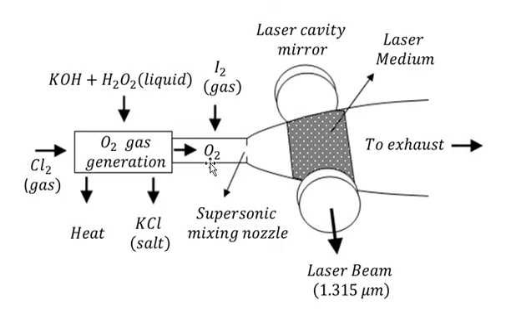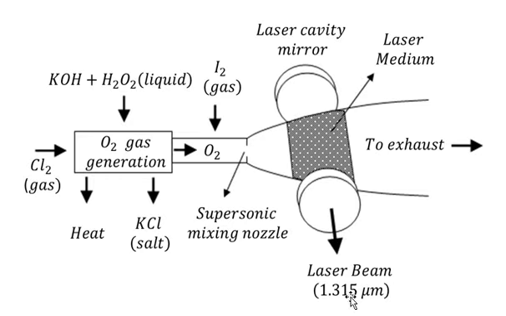And we are concerned with the production of the oxygen molecule. This oxygen molecule is combined with the iodine gas, and then through the supersonic mixing nozzle, the laser medium is generated between the two laser cavity mirrors, and the material flows transversely across the cavity.